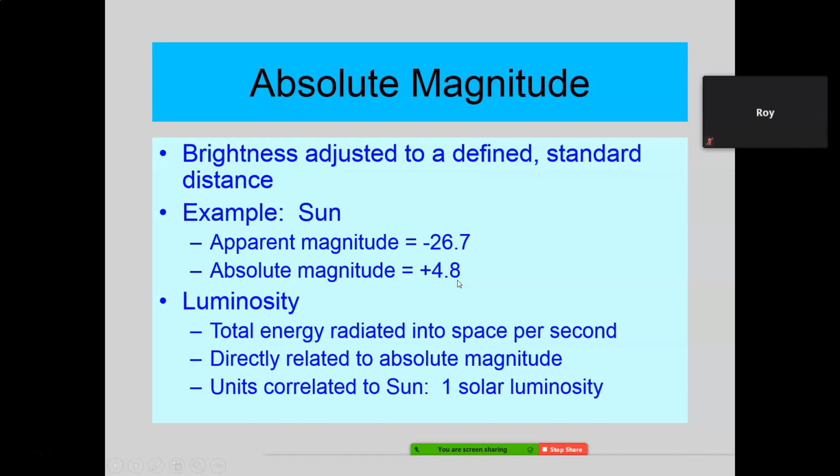So the very brightest star out there, say +1, or maybe 0, would be many more solar luminosities. Then Pluto down there would be a small fraction of a solar luminosity. But don't sweat it. We're not going to use it. Actually, the book is going to use it. We're not. But hang on to the concept.